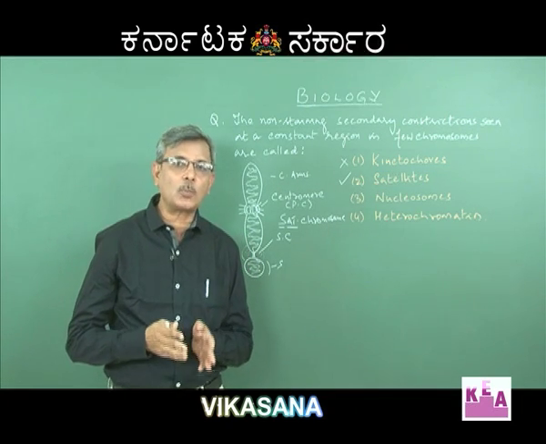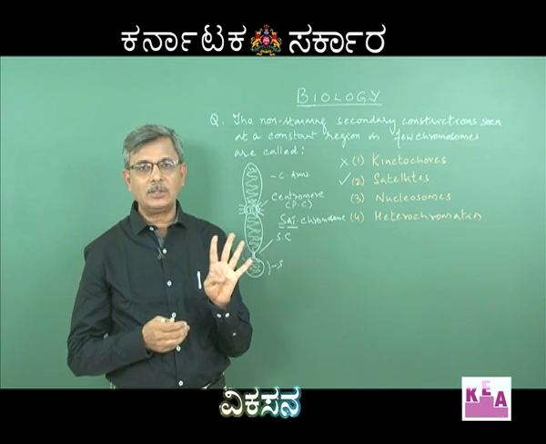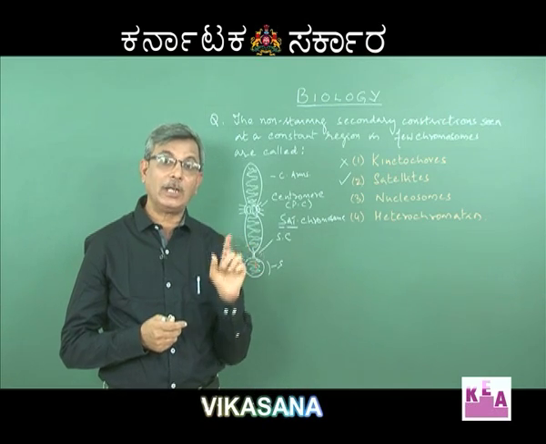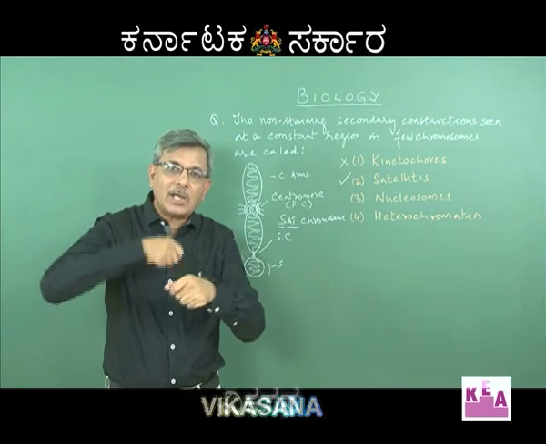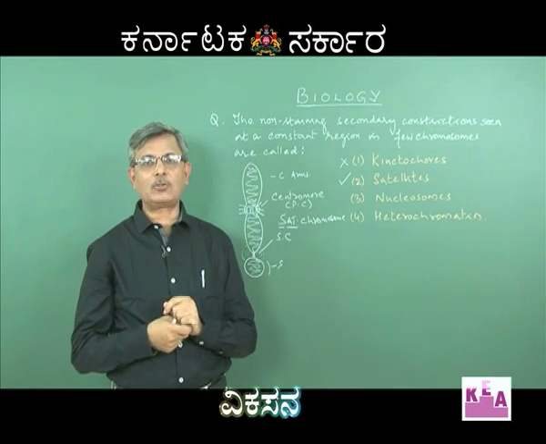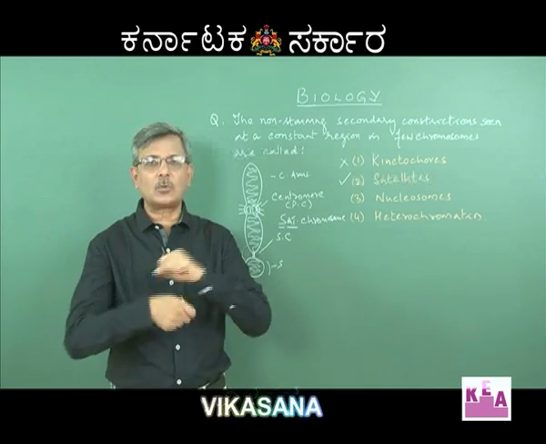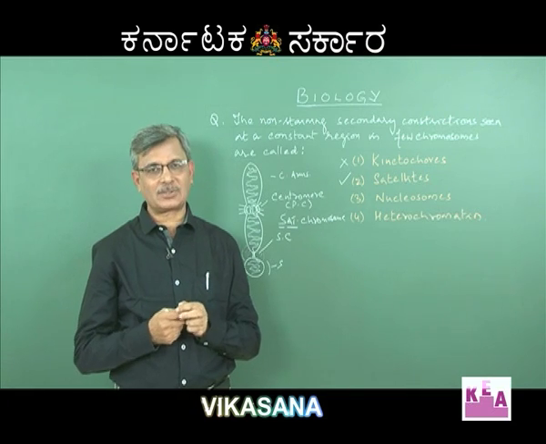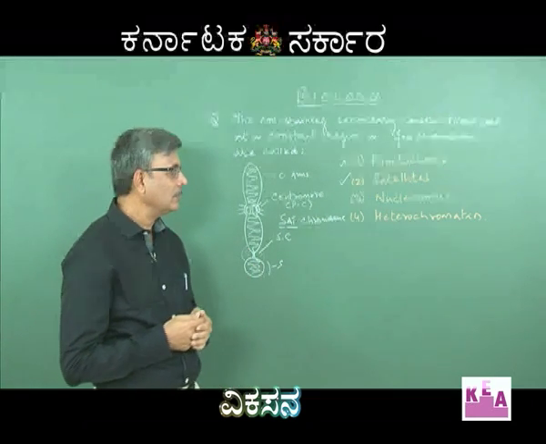When you talk about histone proteins, it forms histone octamer. 4 proteins, I hope all of you know, H2A, H2B, H3, H4 in pairs constitute histone octamer. Over that, actually 1.75 turns of the DNA wind over it, representing 200 base pairs. So now we know what is nucleosome also.